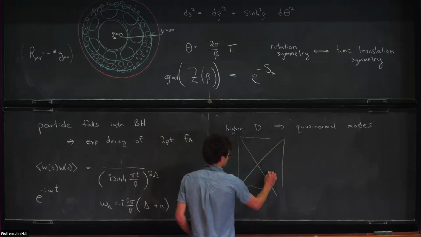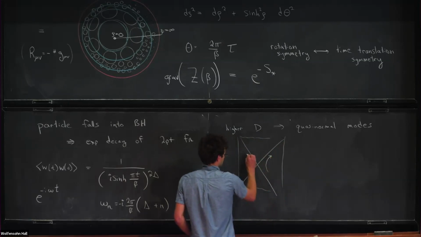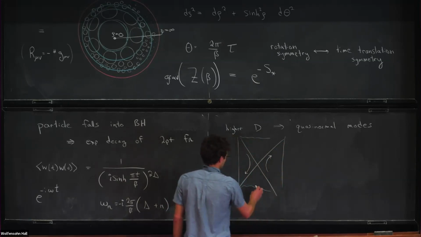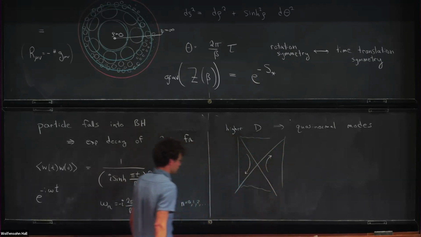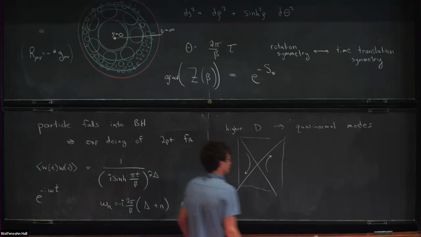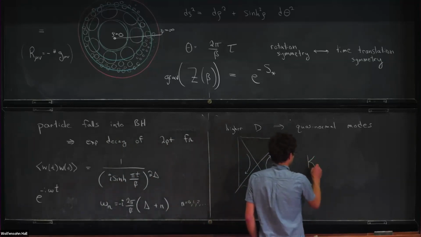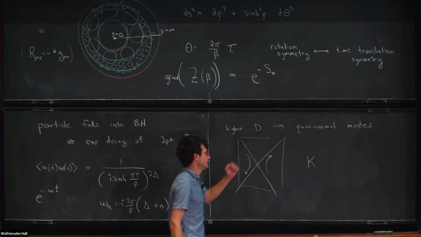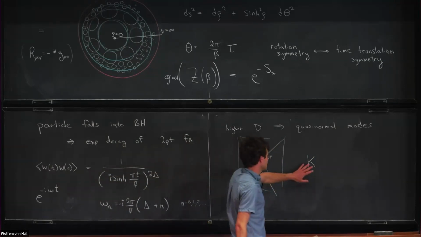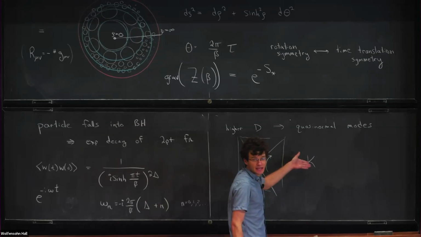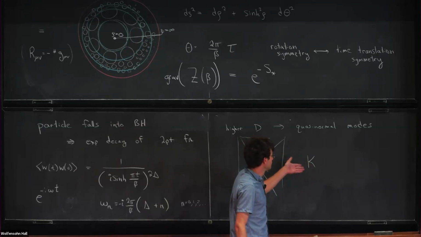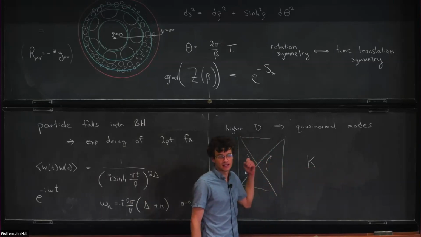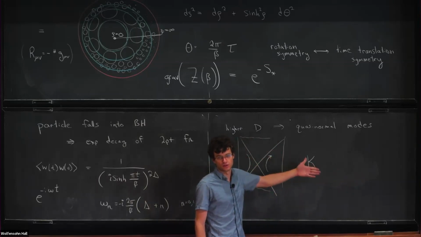And we'll define the operator k to be the time translation operator that goes up this way and down that way. So the boost generator. And if you look at the spectrum of k acting on the Hilbert space of a free field in the bulk, then it's like the spectrum of a Lorentz boost. And this is a Hermitian operator, but it has a continuous spectrum. The spectrum of this k is a continuous spectrum of real numbers.